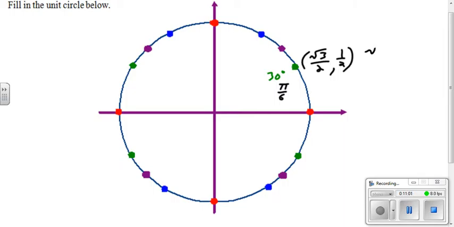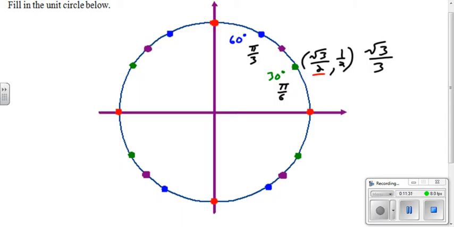So our tangent, with a little simplifying and reducing, rationalizing, comes out to √3 over 3. I'll go on to this blue one. If the green one was at 30, then we go another 30 to get our blue, so we'd say that it's at 60 degrees, which would convert to, if this was pi over 6, this would be 2 pi over 6, which we can reduce to pi over 3.